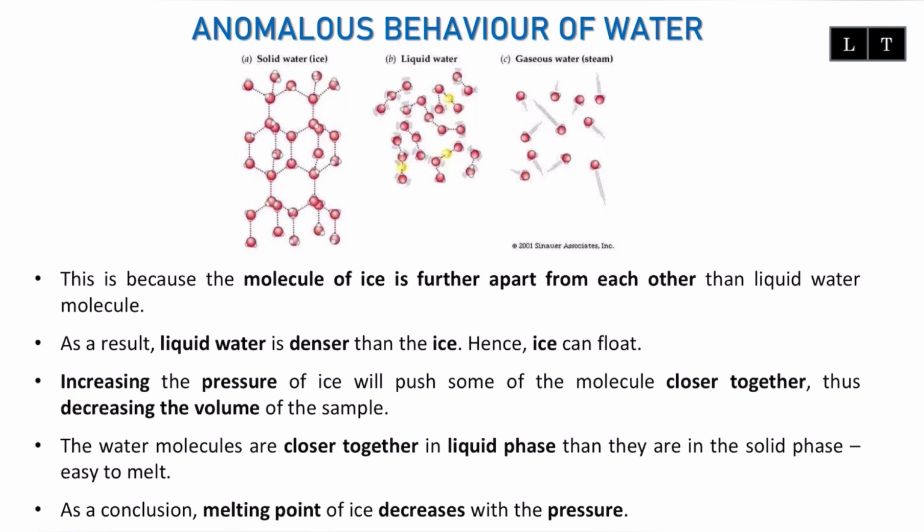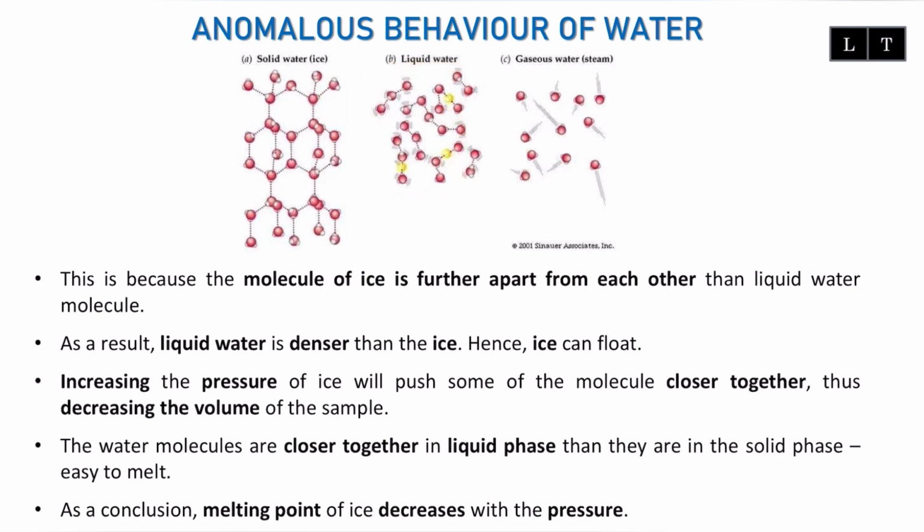Jarak dia. So apabila kita increase pressure untuk ice, ia akan push some of the molecule closer together. Jadi dia akan push antara satu sama lain bila kita increase the pressure, menyebabkan volume of the sample akan berkurang. Jadi water molecule dia lebih close together in liquid phase daripada in solid phase.